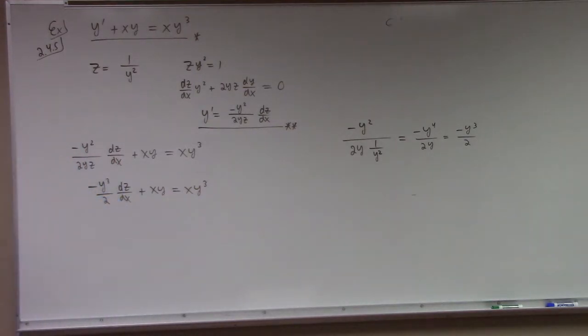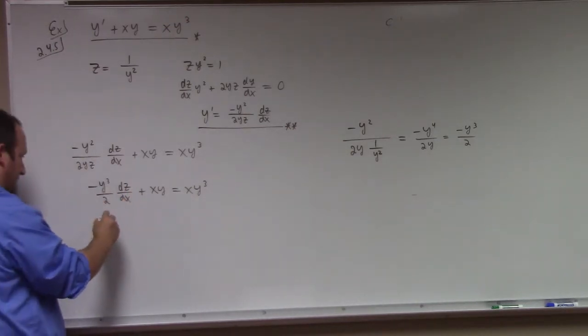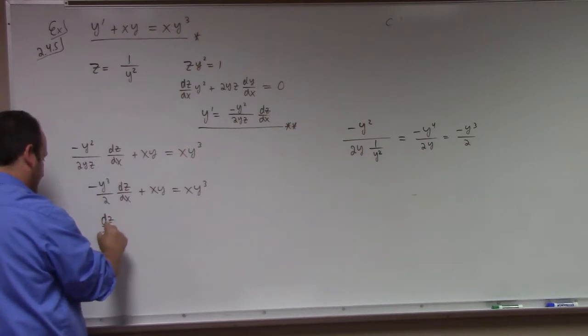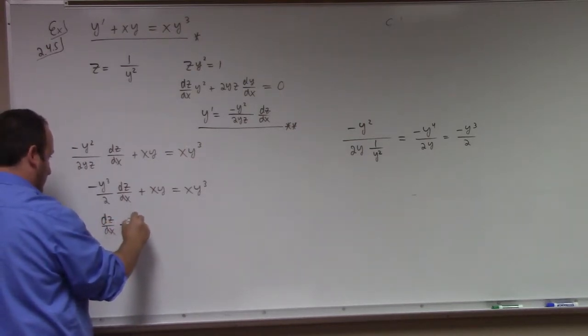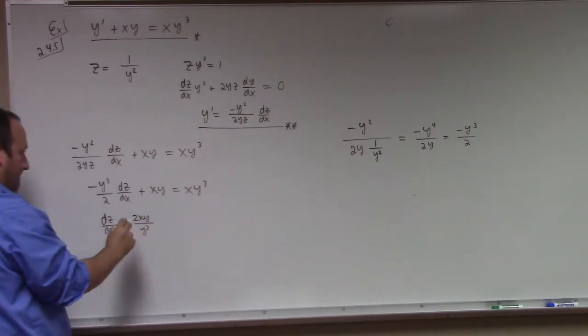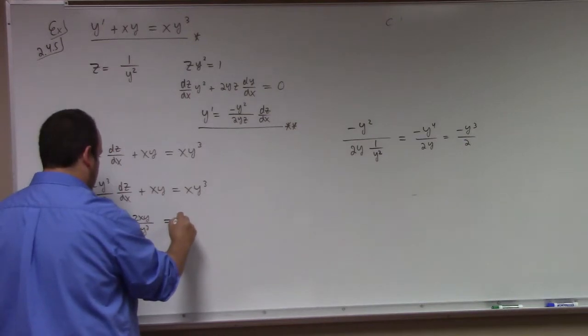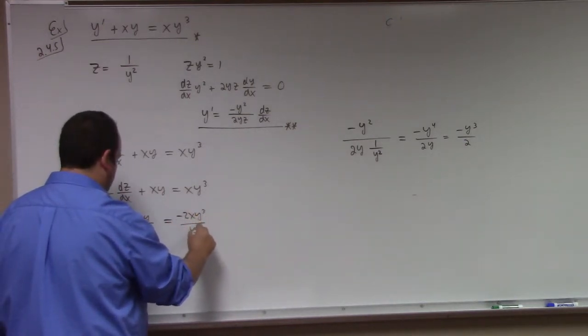So it seems like we should divide that by, I mean, we basically multiply by the reciprocal of the leading coefficient. What's that give us? It gives us dz dx plus, well, minus 2xy over y cubed equals minus 2xy cubed over y cubed.